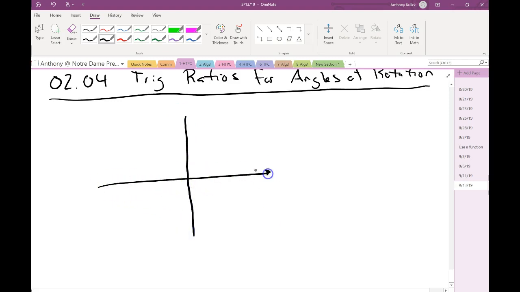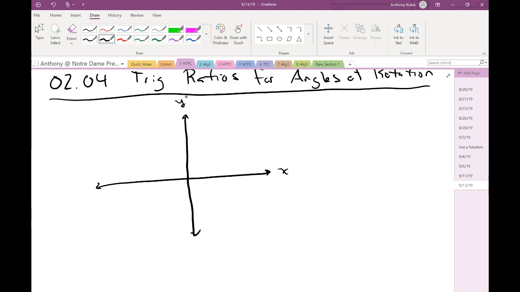So, in the last section, we said, okay, I can now embed an angle in the xy axis and really define an angle of any size, right? We can define things that are greater than 360. We can define things that are less than 0.